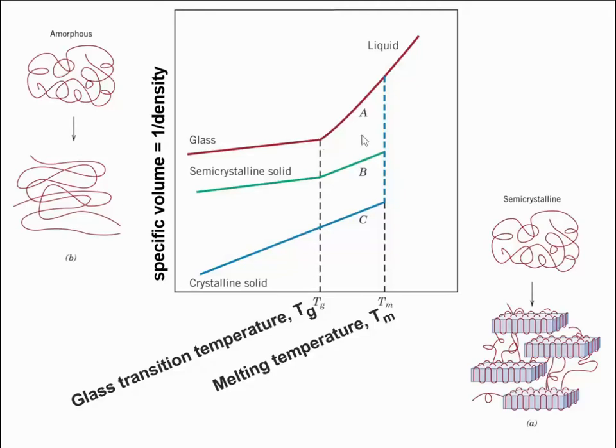If you had another case, another sample, say sample C, we heat it up and we start to cool, so it contracts, and then this particular sample crystallizes. Well, when it goes from a liquid to a solid, a crystalline solid, there's an abrupt change in volume.